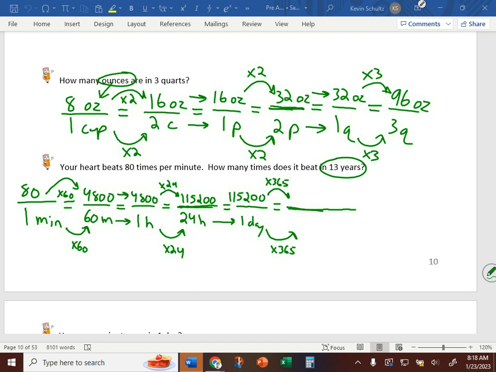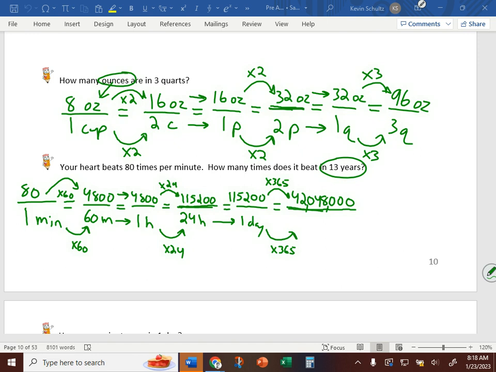Just read off the digits. 4, 2, 0, 4, 8, 0, 0, 0, 0. What number is that? My goodness. 42 million. 42,048,000 is how you would read that number there.